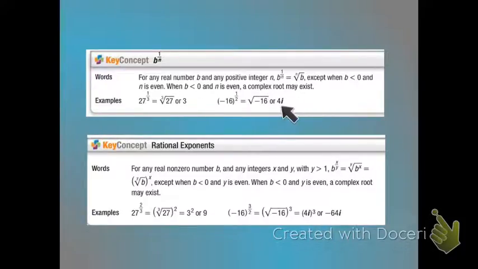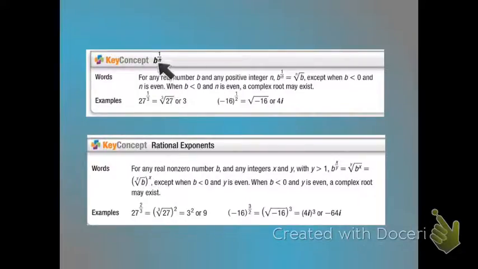So those don't come up too much. I try to keep imaginary numbers out of here as much as possible. So if you notice right here, 27 to the 1/3 you can rewrite as the cube root of 27, and we all know the cube root of 27 is 3.